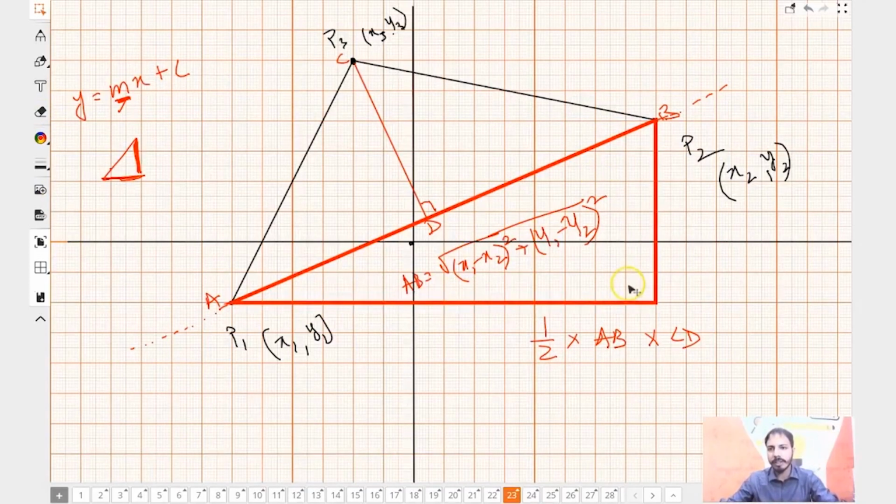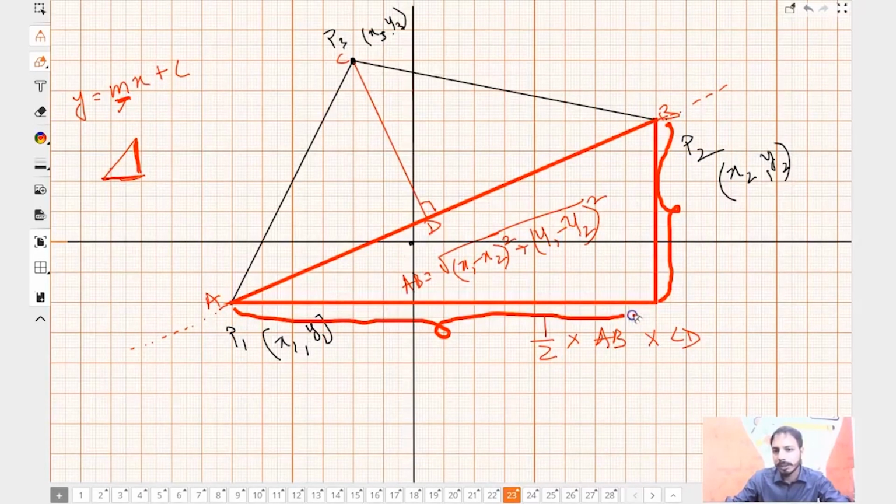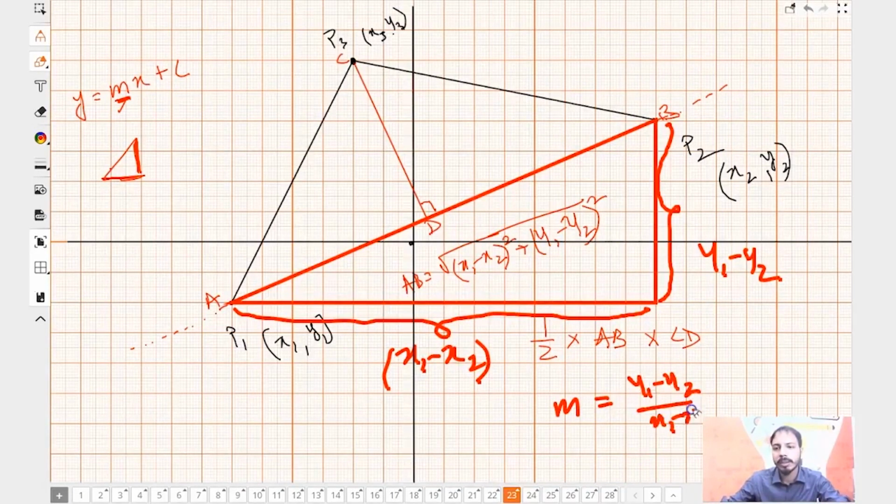So this triangle, if you can see here, I can find out this distance and I can easily find out this distance, because this distance will be y1 minus y2 and this distance will be x1 minus x2. Now what will be m? M will be y1 minus y2 by x1 minus x2.